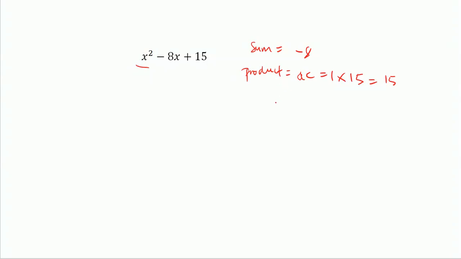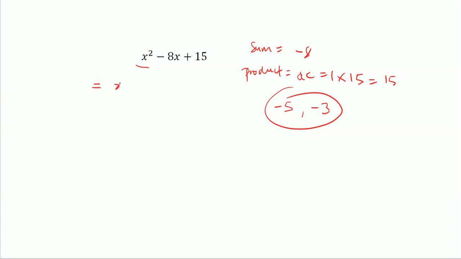So we need to get two numbers whose sum is minus 8 and whose product is 15. If we have minus 5 and minus 3, minus 5 multiplied by minus 3 will give me plus 15, so that is fine. And minus 5 plus minus 3 will give me minus 8. So the two numbers are minus 5 and minus 3.